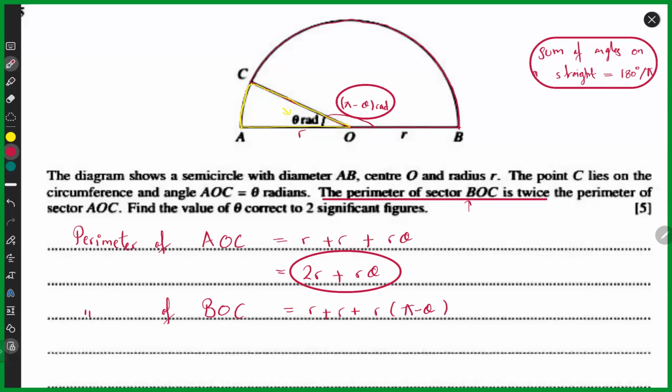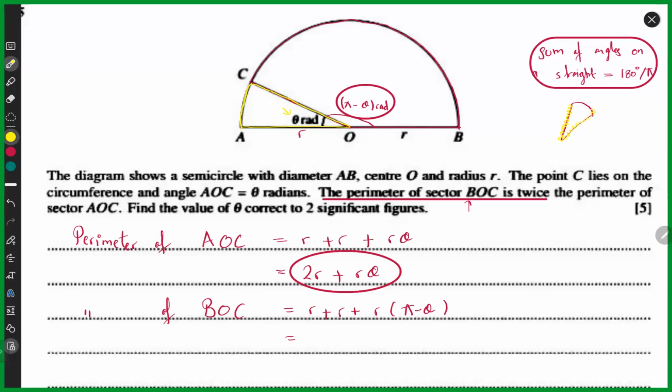Thank you. Okay. Miss, line OC is being counted twice in the perimeters. So is that going to be fine? Yeah, that is fine, because here they have specifically mentioned that the perimeter of sector BOC is twice the perimeter of sector AOC. When we talk about sector, this is sector. And when we talk about the perimeter of any shape, we are going to include all the boundaries.